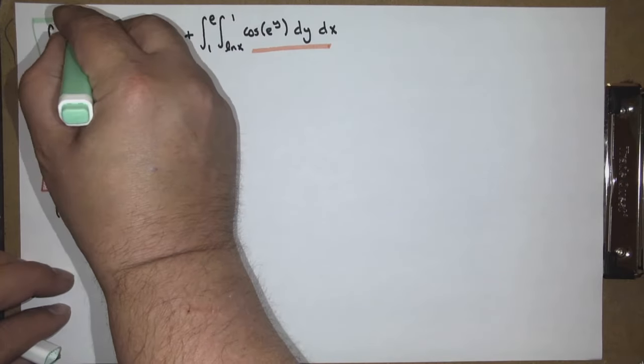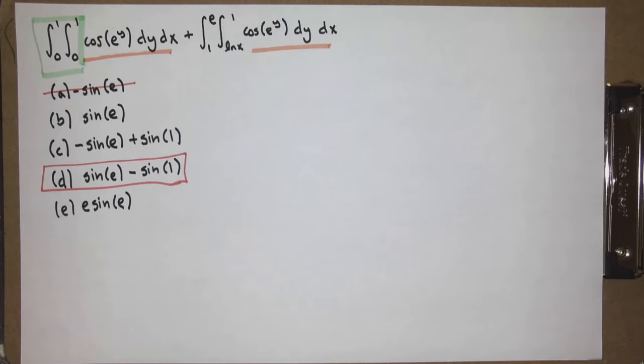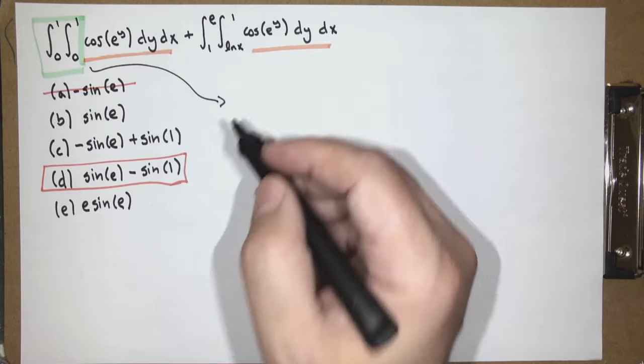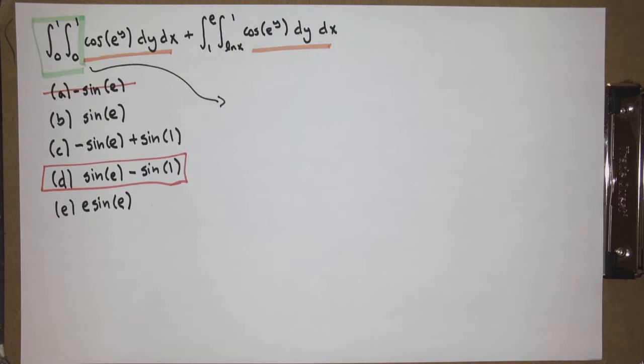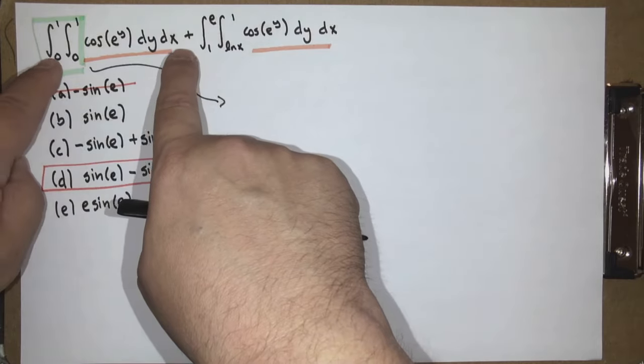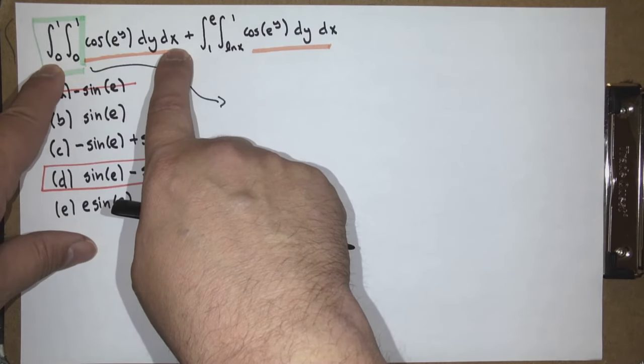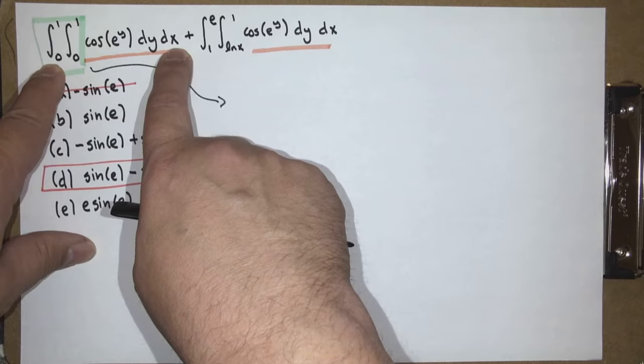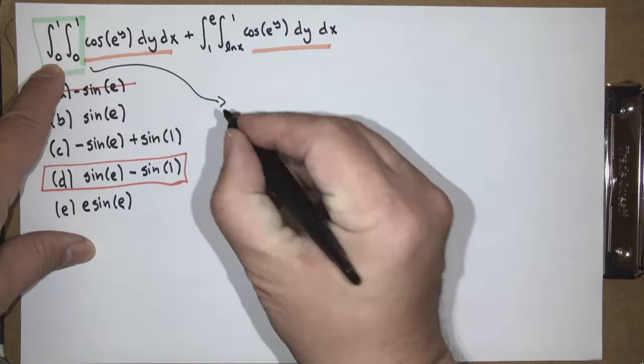So let's start with the first set of bounds. We have 0 to 1, 0 to 1. Now, if we translate these bounds, because one of the things we want to learn to do is read off the bounds. What are the bounds telling us? The outer layer tells us what? X bounds, and x does what? 0 to 1.